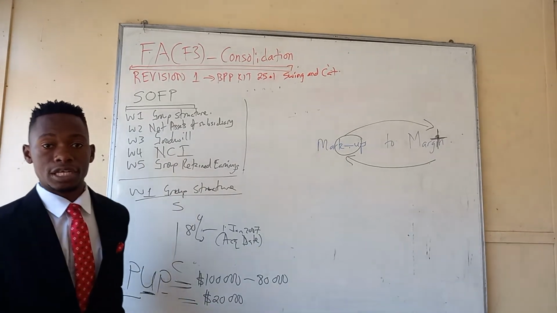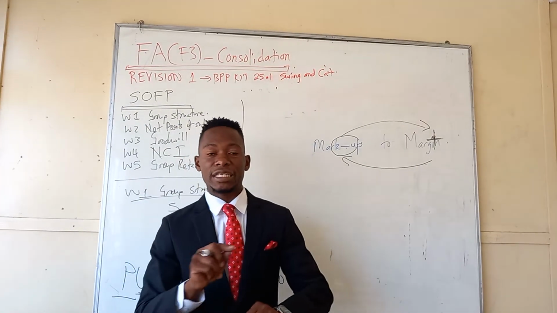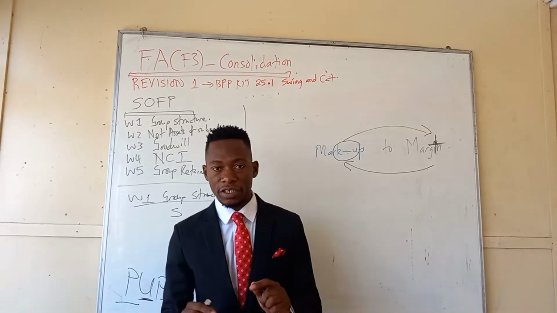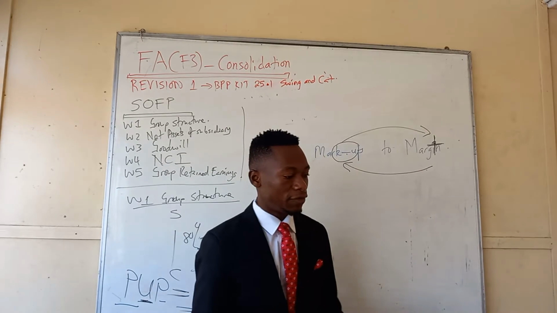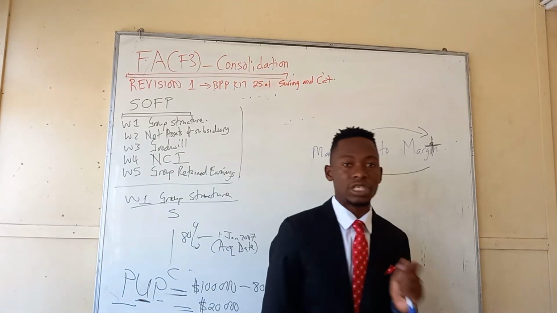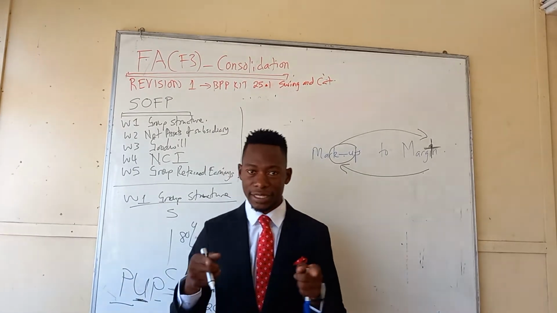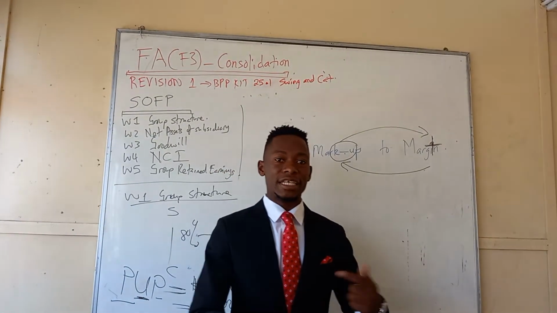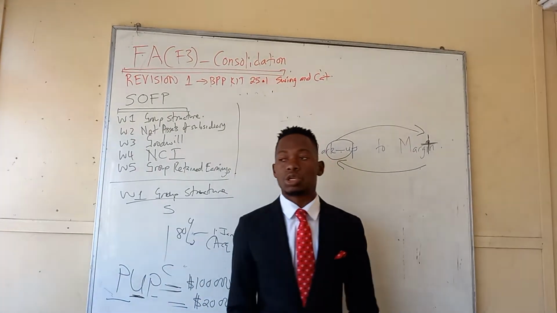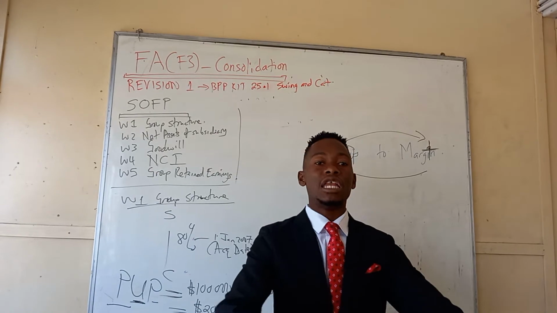But we need to know now the profit that is in inventory, the profit that is in the books. They are telling us that Cat had 50% of the goods still in inventory. So you need to read the question very well in the exam. You need to know the percentage that is still in inventory. When you know the profit element that is in inventory, then you eliminate it.